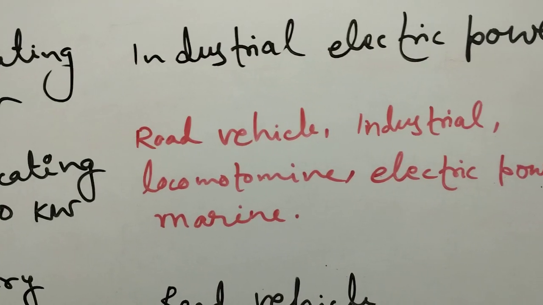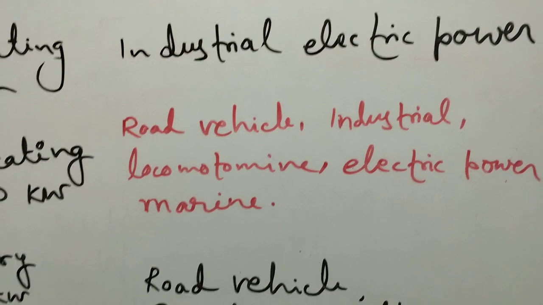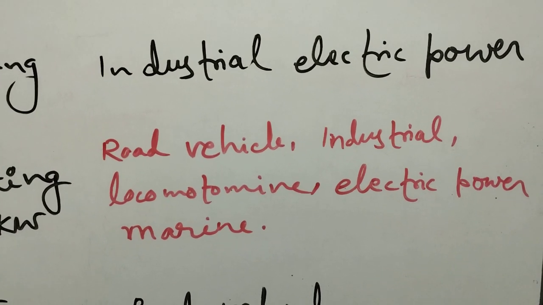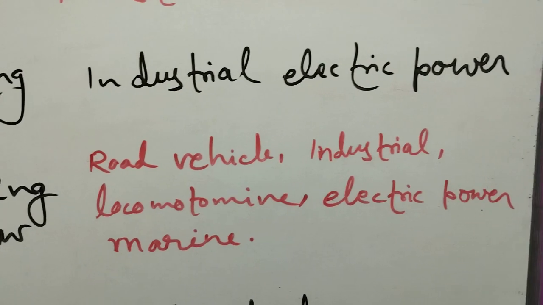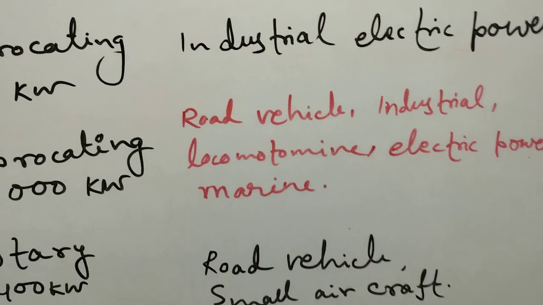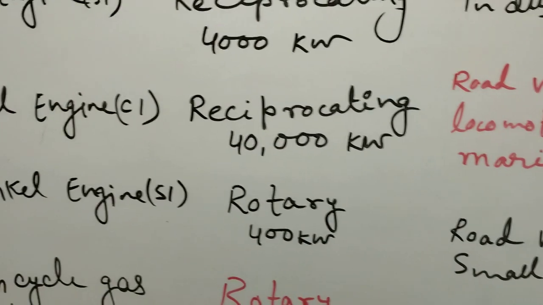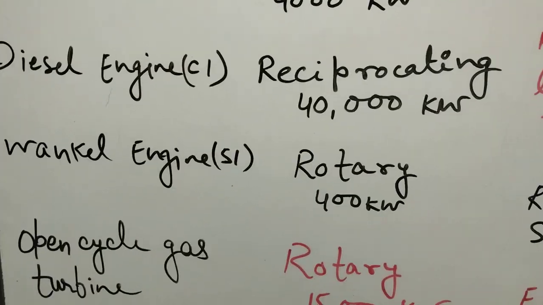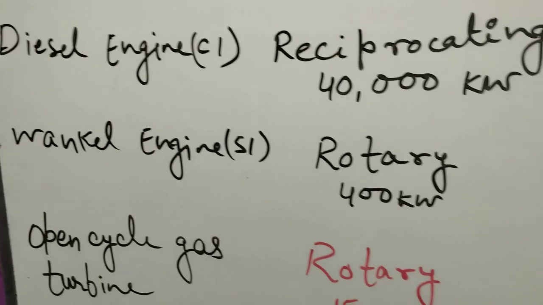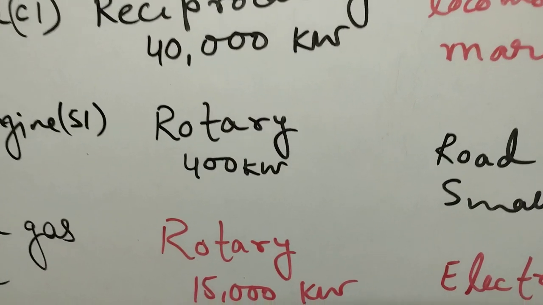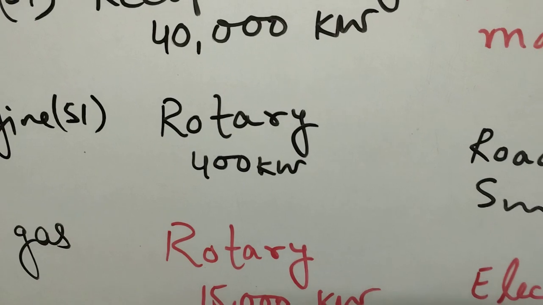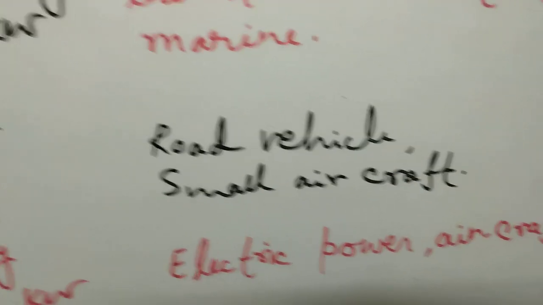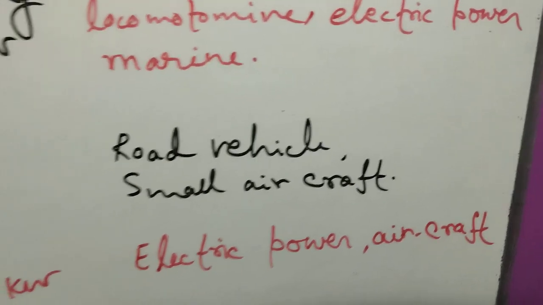It is used in various industries like road vehicles, industrial locomotives, electric power generation and marine propulsion. Vehicle engine. This is the spark ignition engine of the rotary type, 400 kilowatt power generation, used in road vehicles and small aircraft.